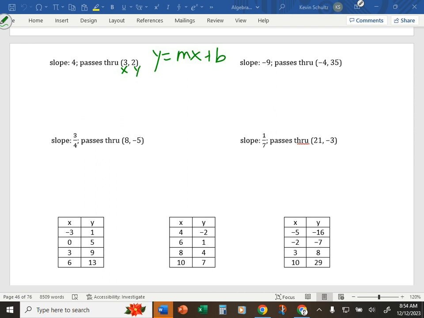So if we know that slope-intercept form is y equals mx plus b, we know that y is, no, don't confuse y and b. Well, the y variable is 2. Our slope is, our x value is, and this is the y-intercept.